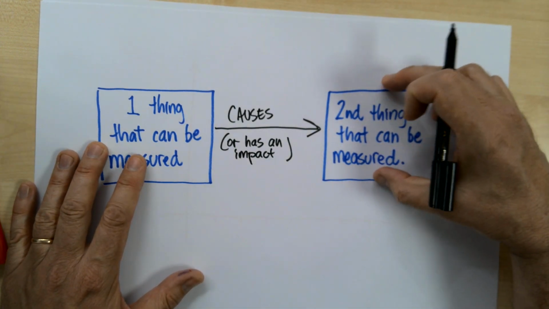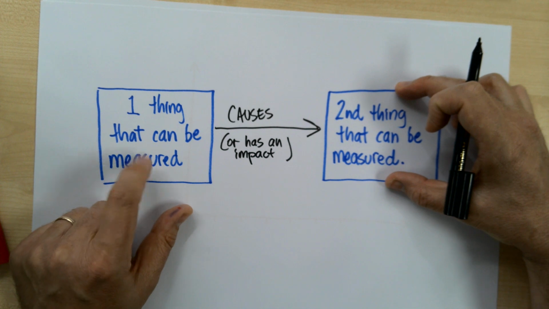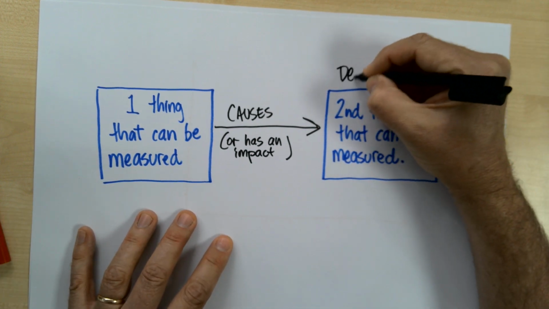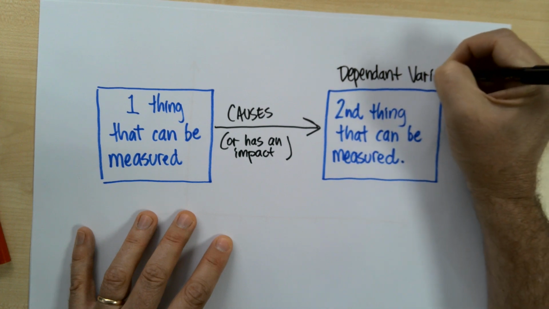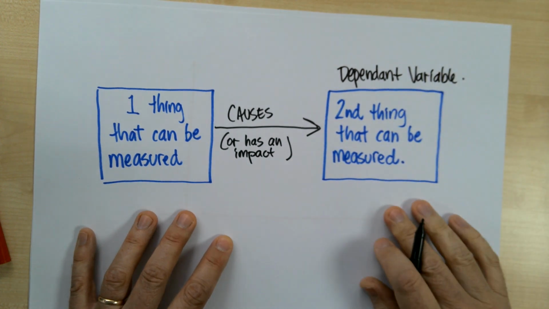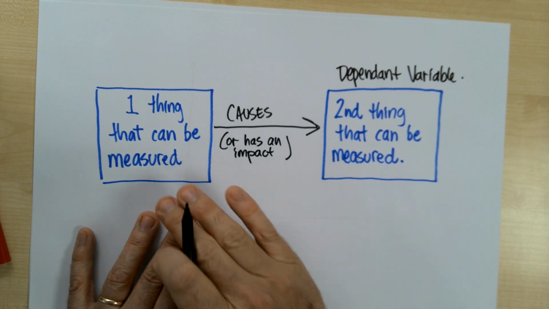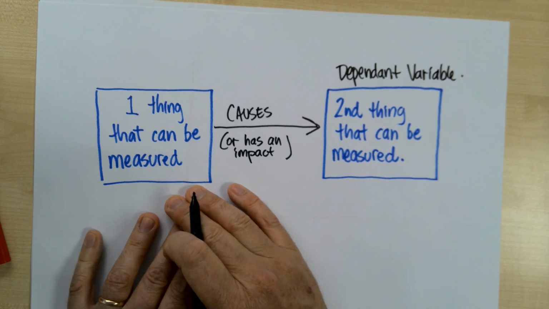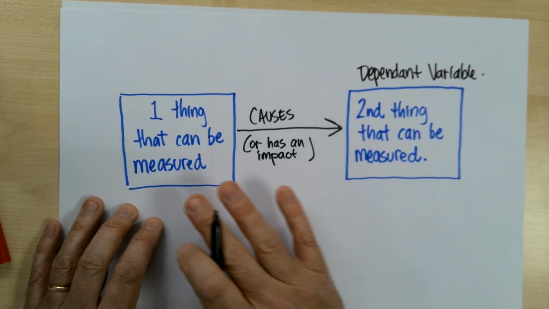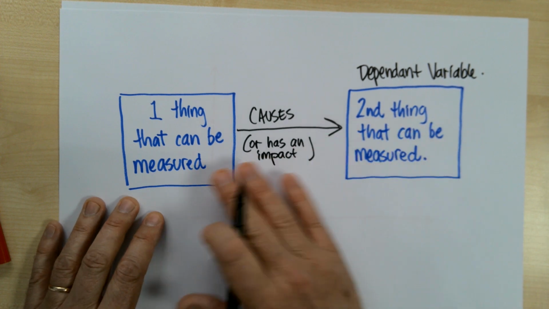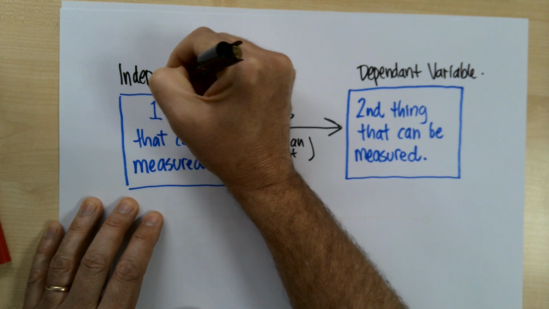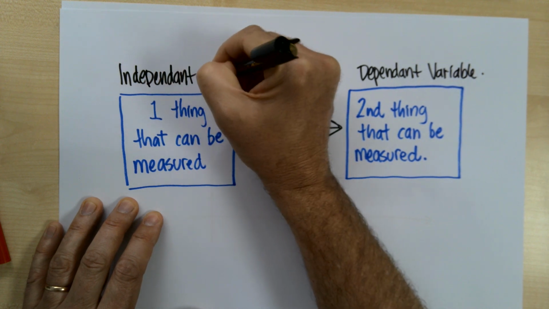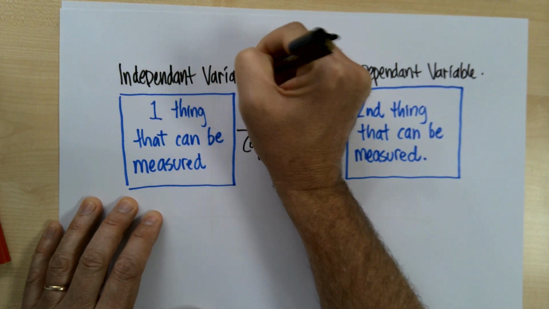This one here, because it changes as that one changes, we call the dependent variable, because it depends on this one. If that one's called the dependent variable, this one here is the independent variable.